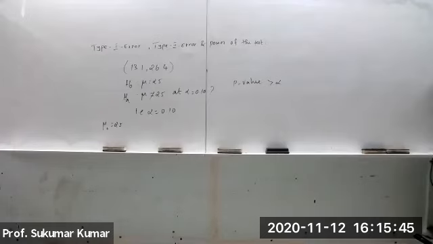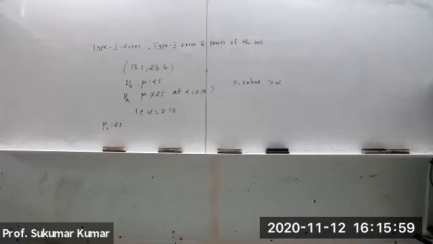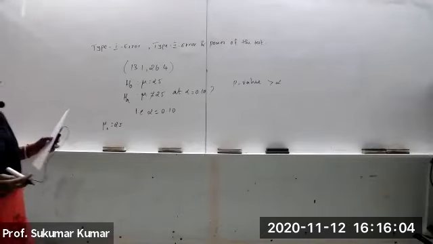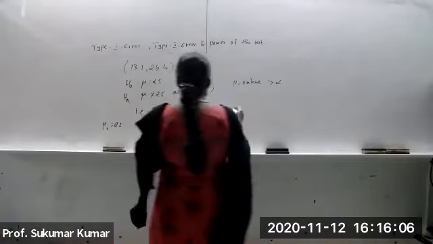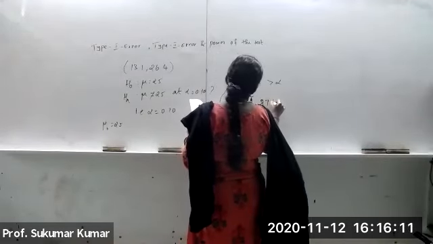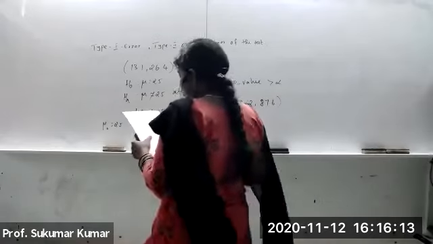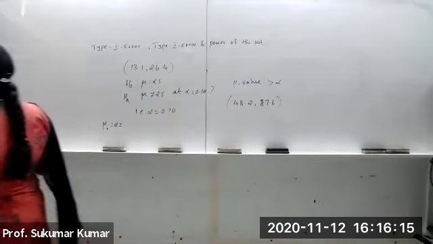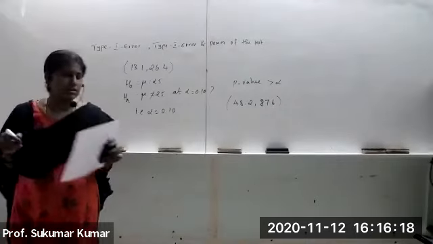Next example. Suppose a 95% confidence interval for mu is found to be 48.2 to 87.6.